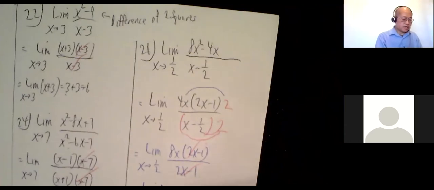Okay, so 8 times how about 0.499 squared minus 4 times 0.499 divided by parentheses 0.499 minus a half, which is the same as 0.5.